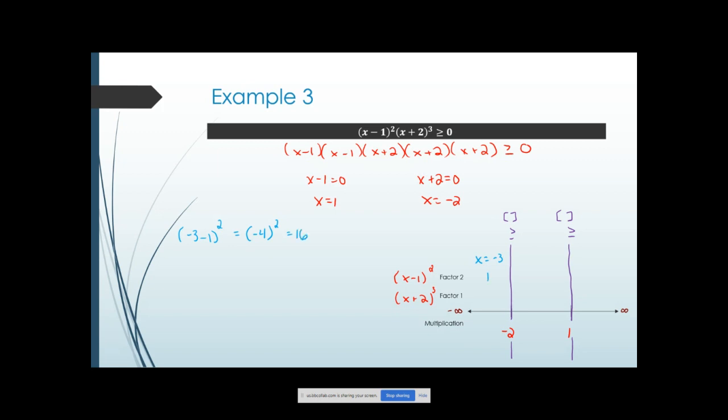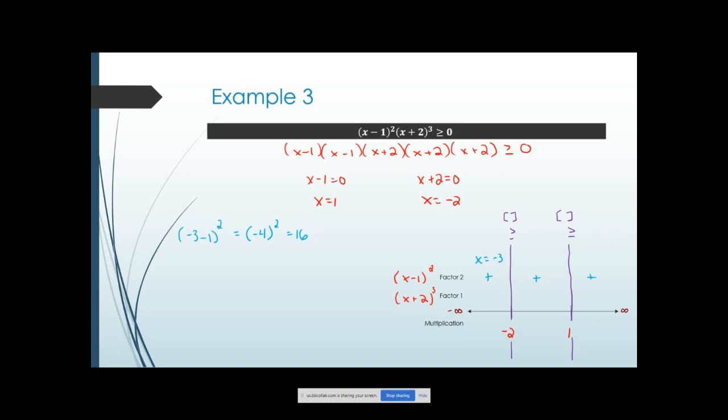So that gives me a positive. And in fact, everything with an even exponent, everything that's squared will give you a positive. Because if you square a negative, you get a positive. If you square a positive, you get a positive. So that x minus 1 squared is always going to give us positives out. So I can just write plus the whole way through, because I'm always going to get positive out from there, no matter what number I plug in.